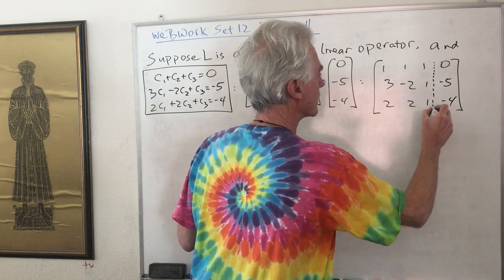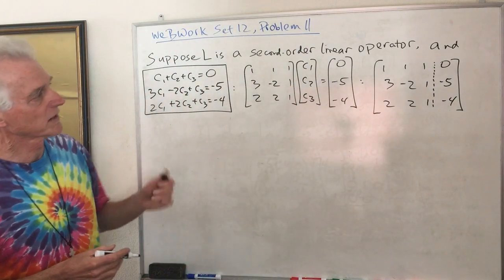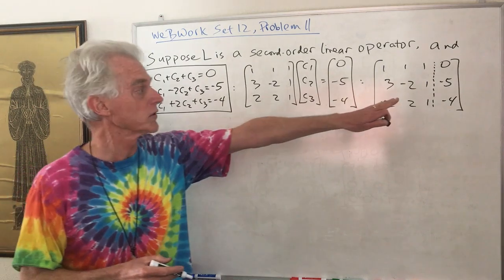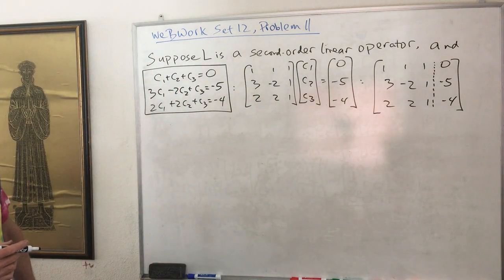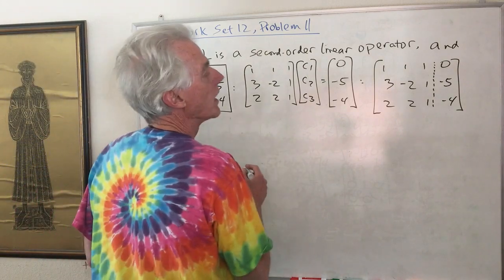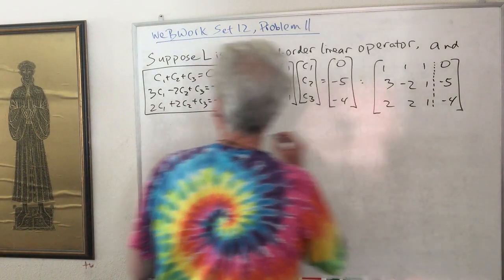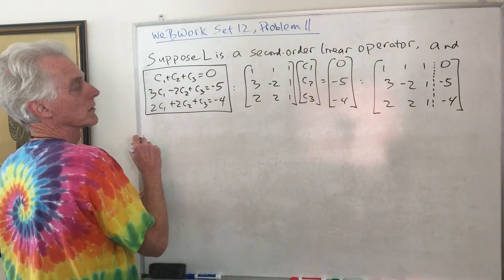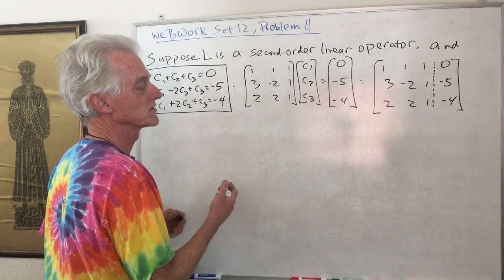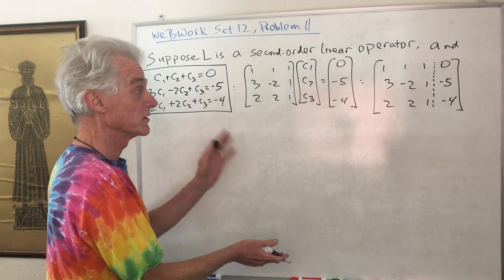And we often put a little vertical dotted line there. Okay, so everything about this system is encoded in that augmented matrix. I can find the reduced row echelon form of that matrix, and I'm going to do that by hand, but you can do that in your calculator.